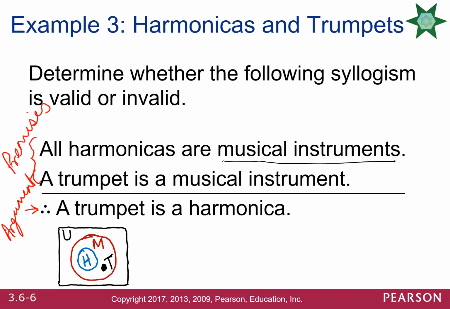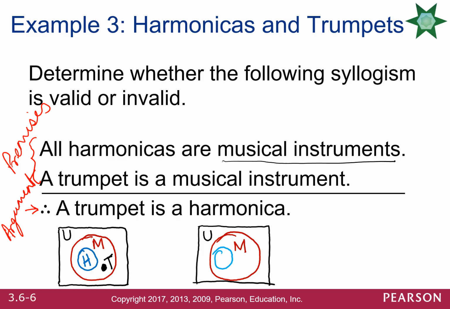So again, I'm going to draw my square or a rectangle to represent the universe, and then I'm going to draw a circle which will be the set of musical instruments, and then I'm going to draw my harmonicas, which would be a subset of musical instruments.